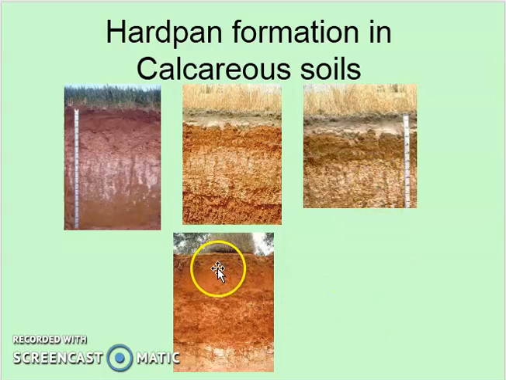If you are irrigating with excess water, then the hard band may form in a deeper layer, a horizon in this profile, and this hard band is impermeable.